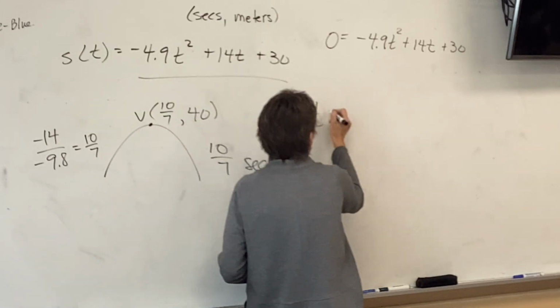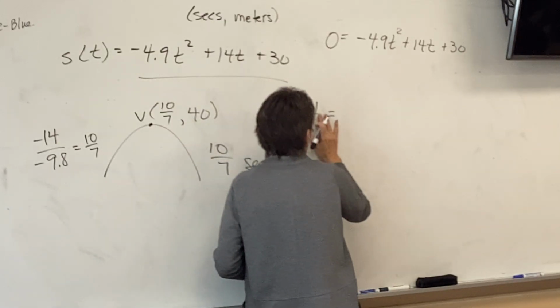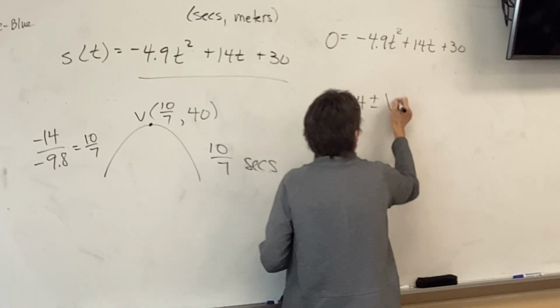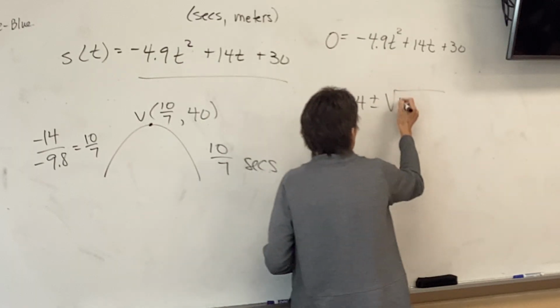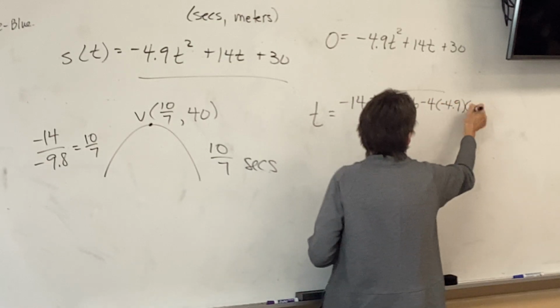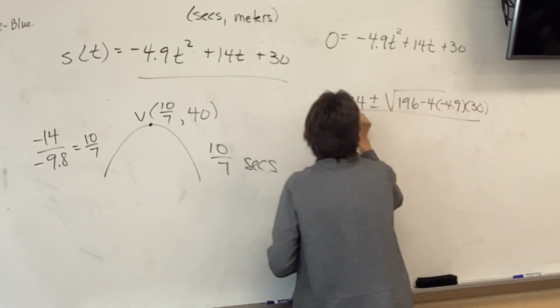Okay. You have a calculator, you guys, so just relax. Negative b plus or minus the square root of b squared minus 4ac. All of this.